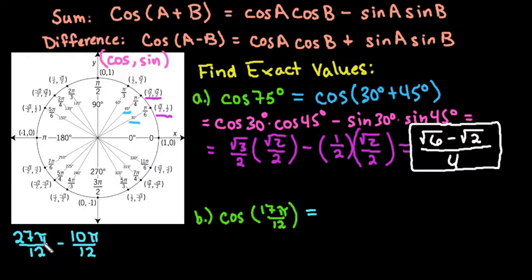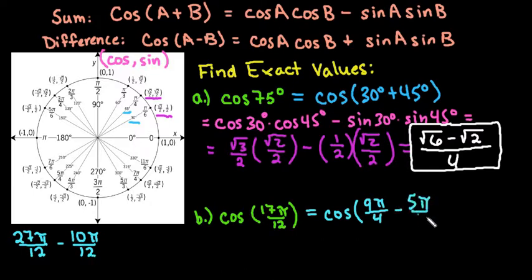Let me write the cosine first. This reduces to cosine of 9 pi over 4, and the 10/12 reduces to 5 pi over 6.